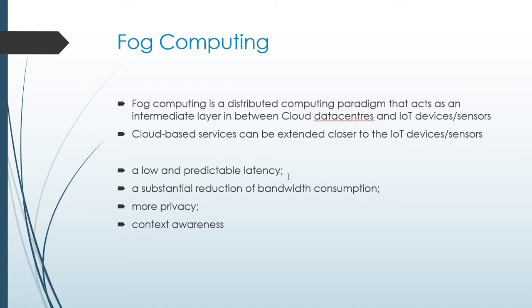You get reduced bandwidth, since you don't have to go all the way to the cloud to get your data processed. You get more privacy, though there are still privacy issues, because the data is not going up to the cloud. And then context awareness, because this fog near you can listen to your data in a more personalized way. So you get more context and more data analysis from the devices.